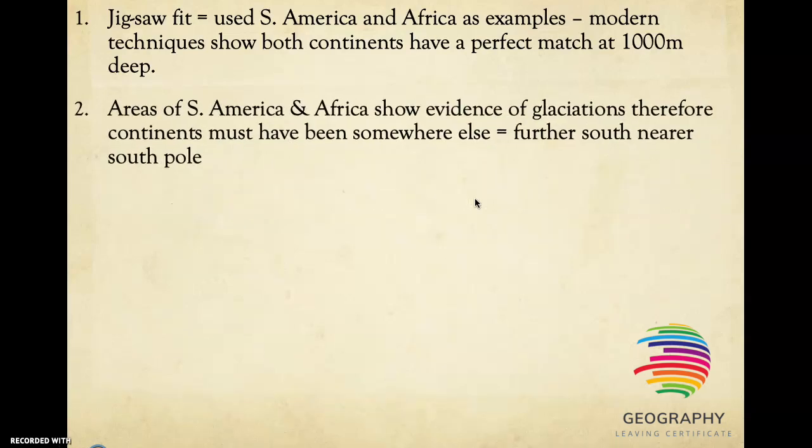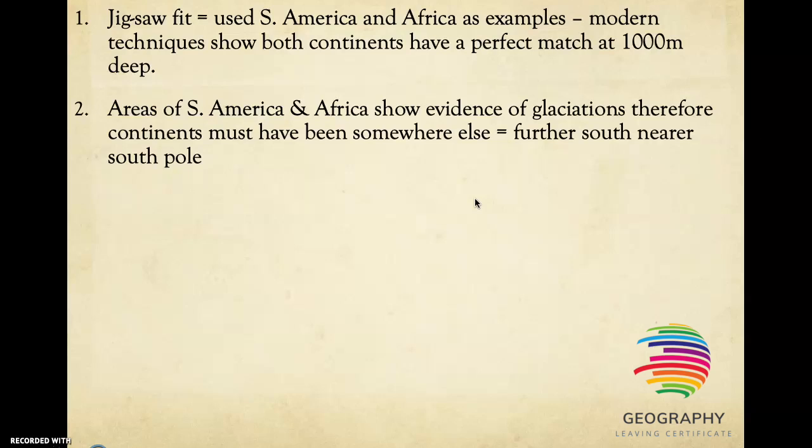His second observation was that South America and Africa show evidence of glaciation, and therefore the continents must have been somewhere else. For example, they must have been further south, closer to the South Pole, in order to have glacial ice. Ireland is the same.